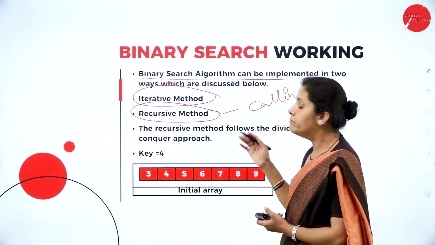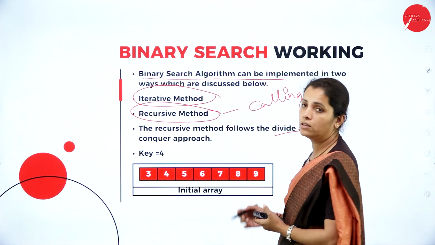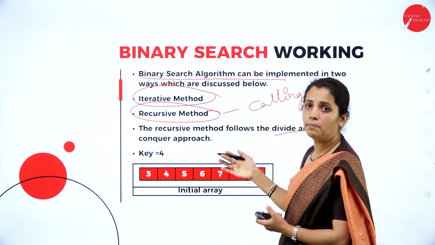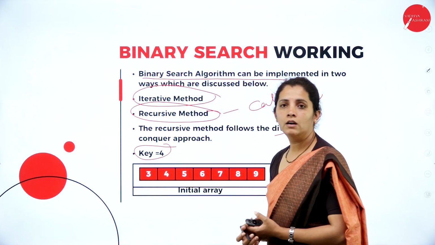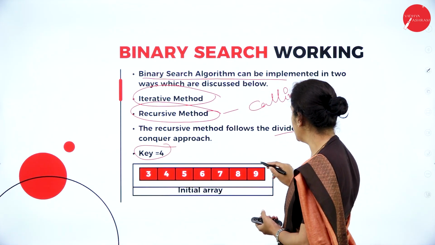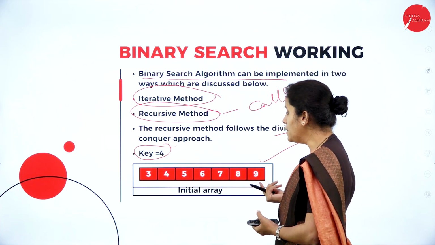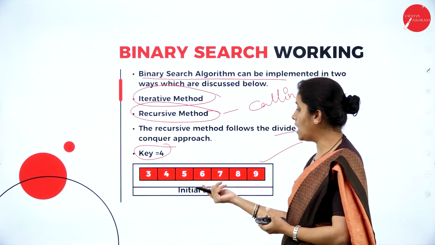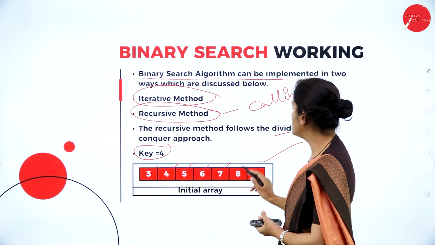Here we follow the recursive method to implement binary search. Initially, I'm going to have the key value, and at the same time the array elements, and all the elements are sorted. How many elements? 1, 2, 3, 4, 5, 6 and 7.